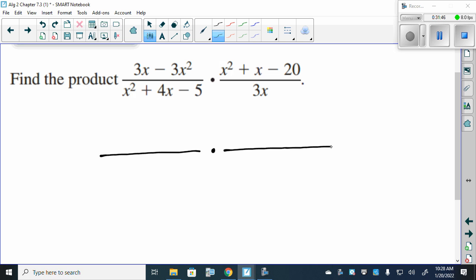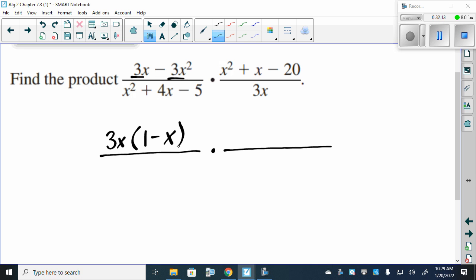Why don't we start off with the 3x minus 3x squared? Is there a greatest common factor between these two terms? 3x. So I can factor it out. And if I factor it out, 3x factored out of the 3x would be 1, minus 3x factored out of 3x squared would be x.